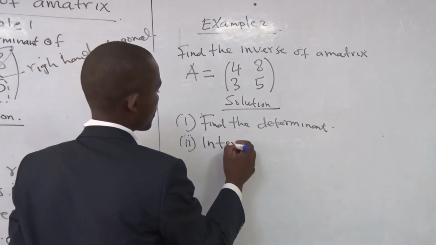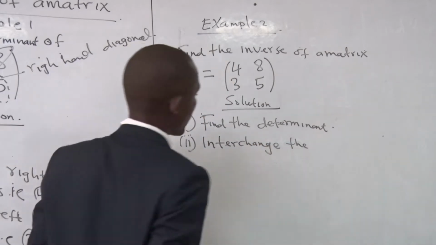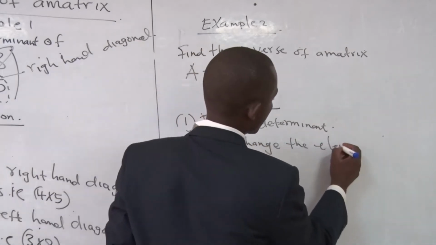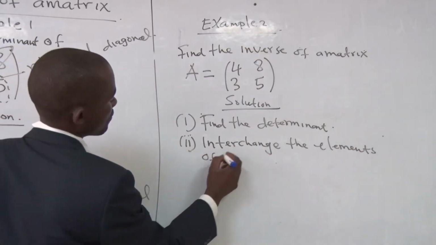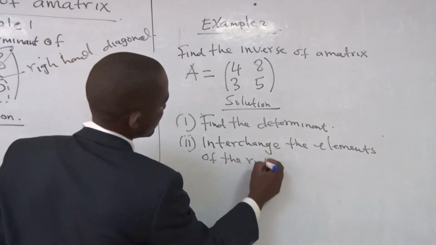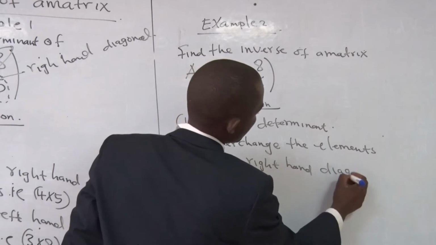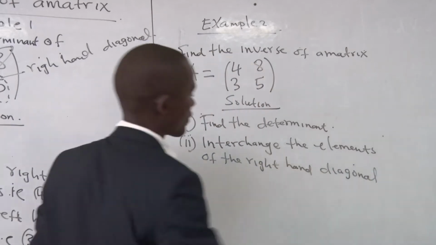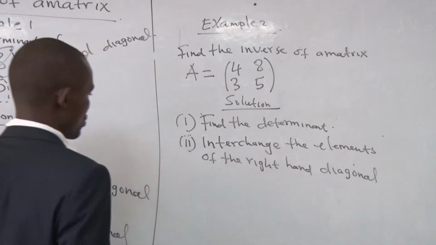Procedure number 2: interchange the elements of the right-hand diagonal. We are saying you interchange the positions of the right-hand diagonal elements. You switch them.